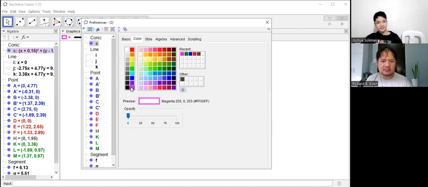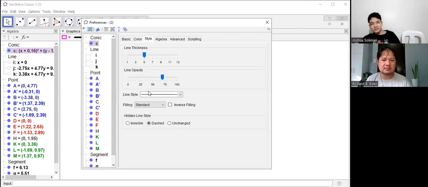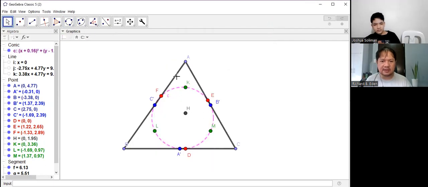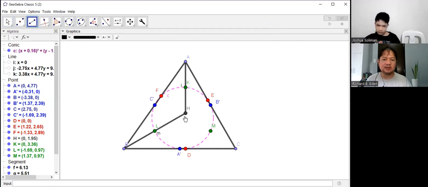Epic. All right, so that's a 9-point circle. Just like to point out that those are midpoints.